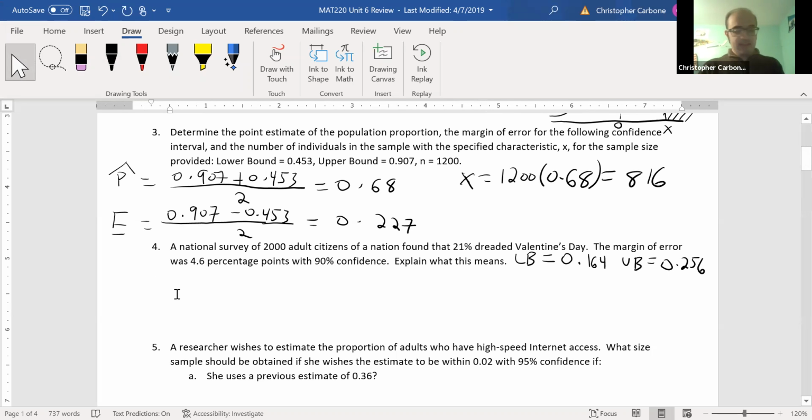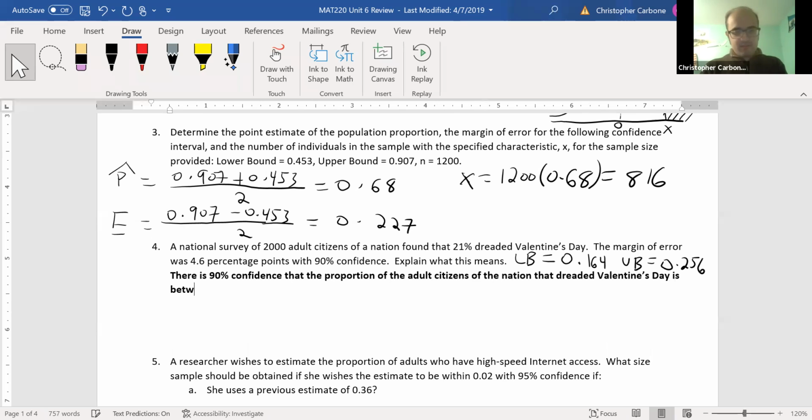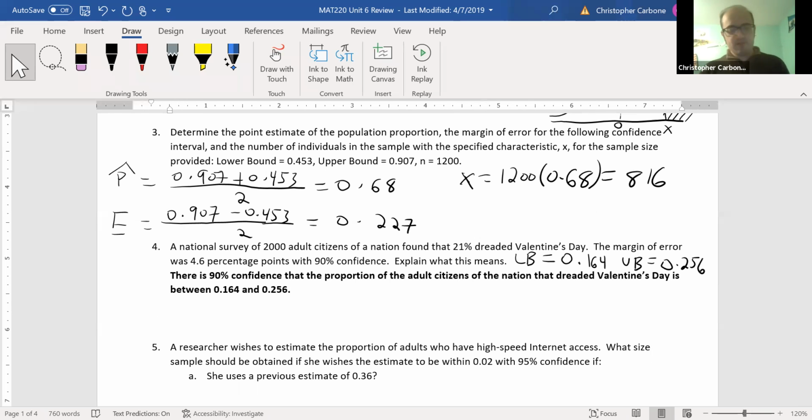This is going to be written as there is 90% confidence that the proportion of the adult citizens of the nation that dreaded Valentine's Day is between 0.164 and 0.256, according to this example, of course.